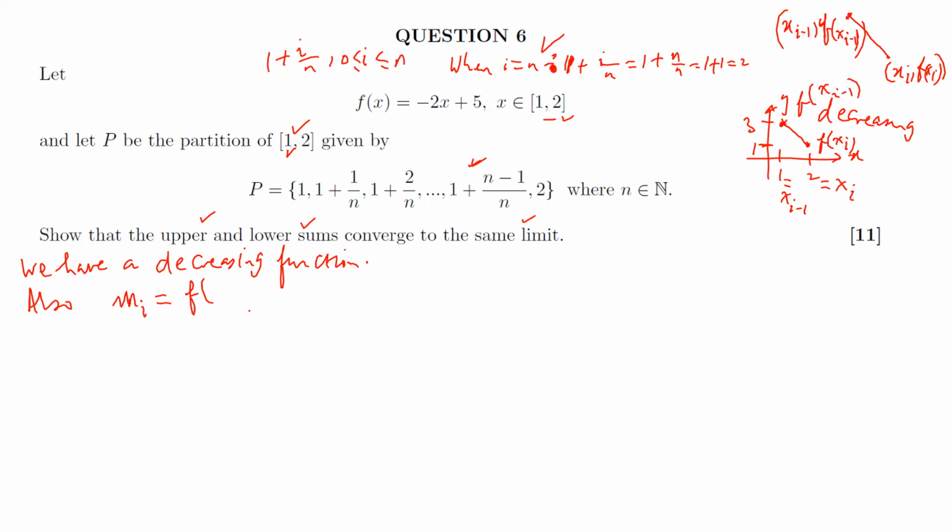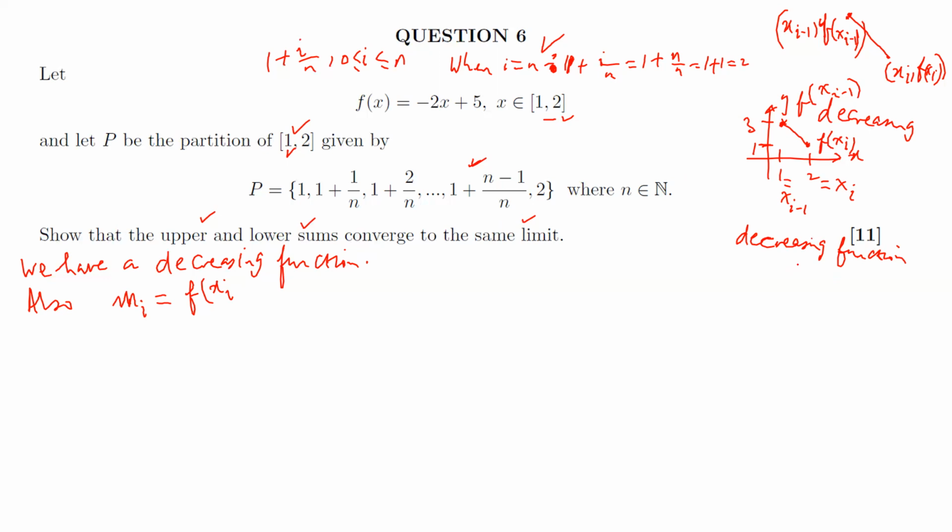So which means that here at this point you have the smallest y value. Which one is smaller between f(xi minus 1) and f(xi)? So decreasing function again. Okay, we know that already. But key to the decreasing function is the fact that we need to compare, because now we want to determine which one is the supremum, which one is the infimum.